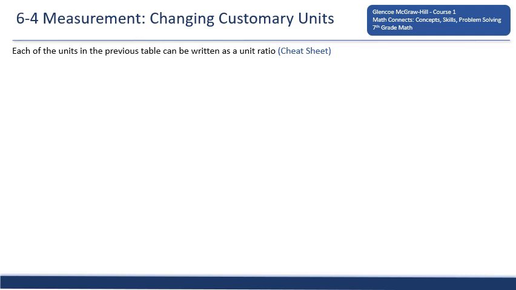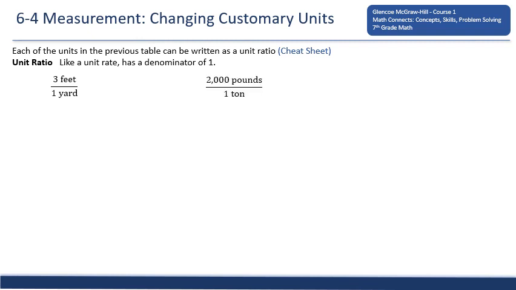Each of the units in the previous table can be written as a unit ratio. A unit ratio, like a unit rate, has a denominator of 1. So 3 feet to 1 yard, 2,000 pounds to 1 ton, 4 quarts to 1 gallon.